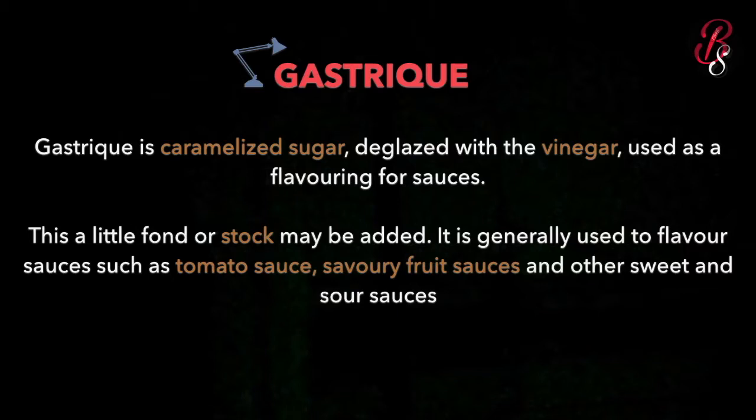Let me explain once more. Gastrique is caramelized sugar deglazed with vinegar, used as a flavoring for sauce. A little fond or stock may be added. It is generally used to flavor sauces such as tomato sauce, savory, fruit sauce, and other sweet and soy sauces.